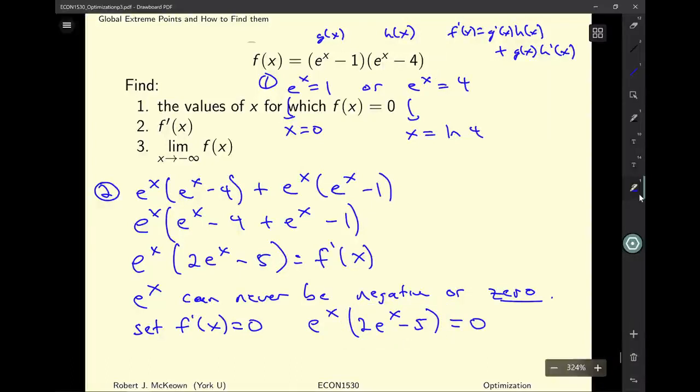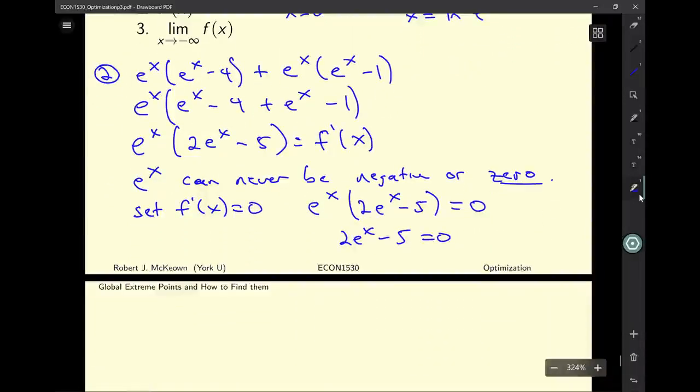So why don't we set 2e to the x minus 5 equal to 0? When we do that, we end up with e to the x is equal to 5 over 2. Taking logs of both sides, we get x is equal to log of 5 over 2, or log of 2.5.